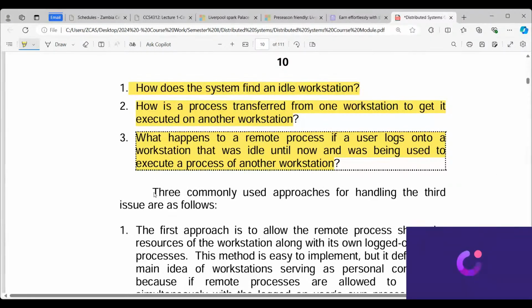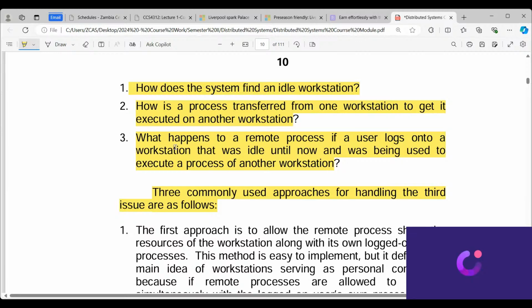Now, we are told there are three commonly used approaches for handling the third issue, which are as follows. Because you are talking about what happens, you understand. Machine A is idle, and then you decide to submit your work to that machine.